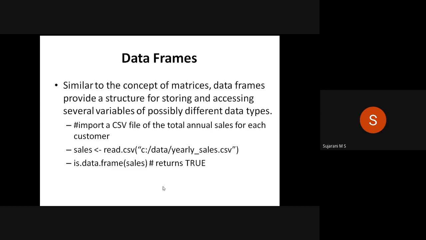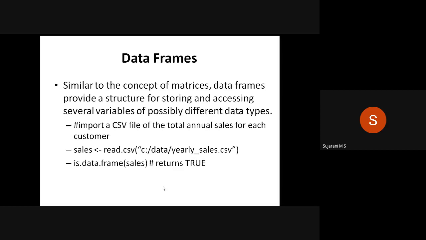And this sales file contains all types of data. That means it contains numeric data, character type data, string data, double data, all types of data. All these types of data can be incorporated into the sales object, and this sales object becomes a data frame, which can carry all types of data.